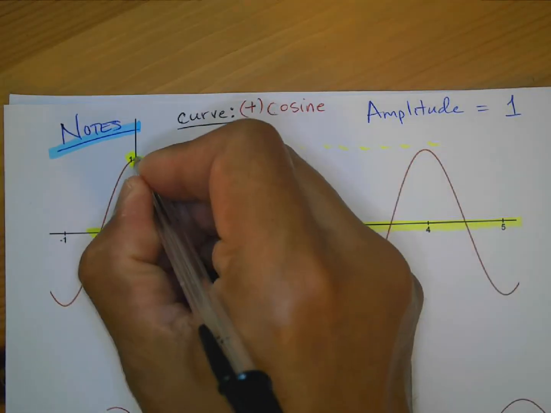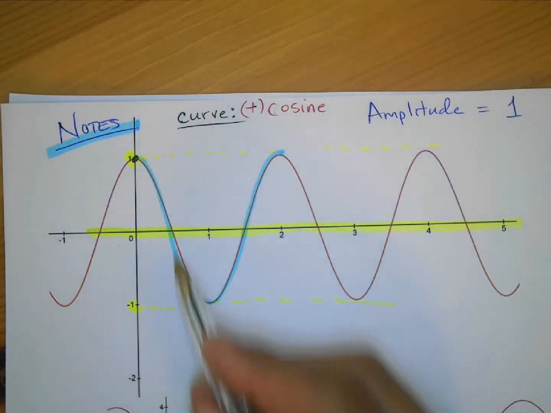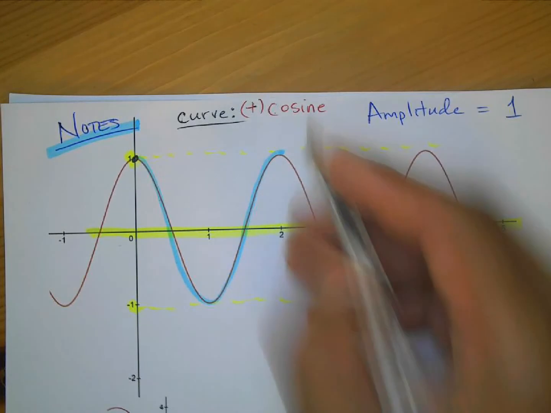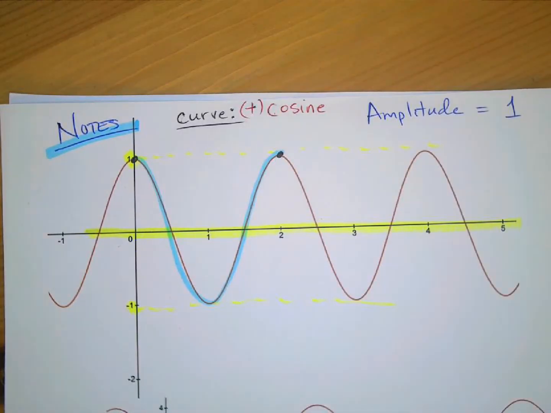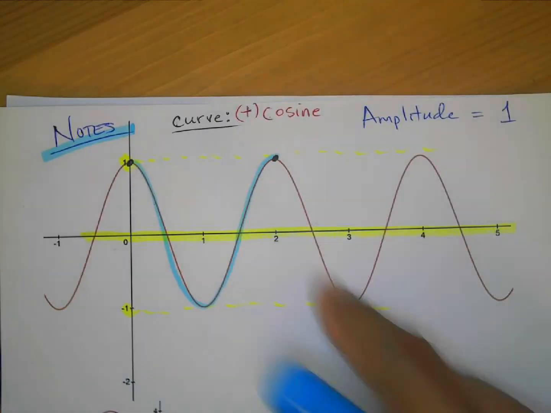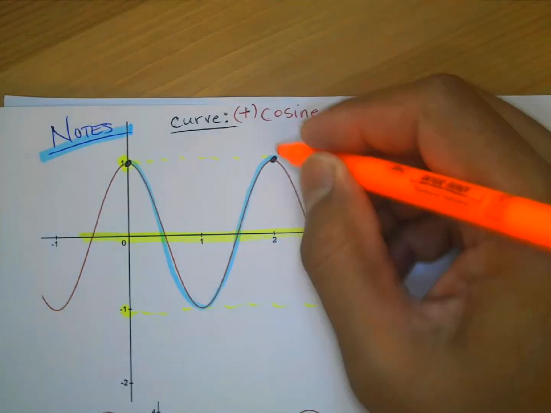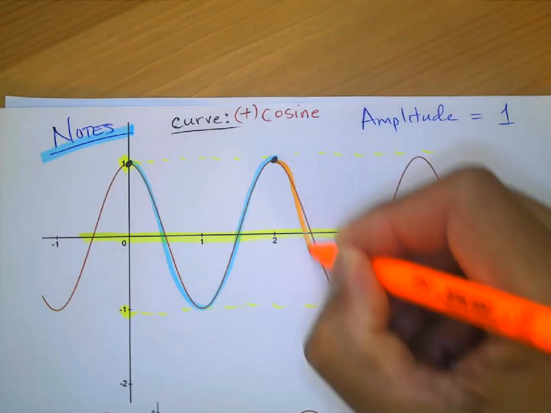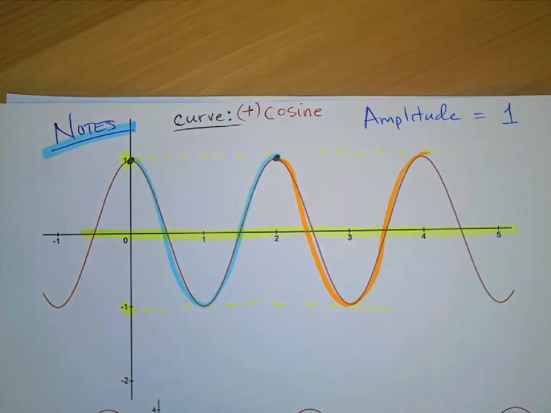It starts here on top, goes under and around, and comes right back to the top. Then this pattern repeats. It'll do another period, another cycle.